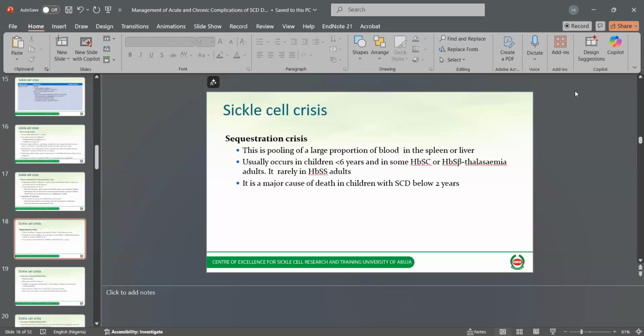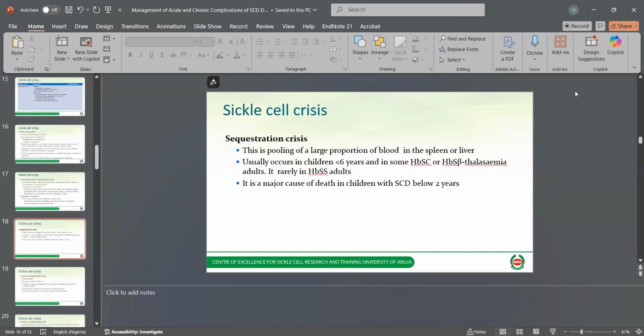And we have sequestration crisis. This is pooling of a large proportion of blood in the spleen or liver. It usually occurs in children less than 6 years and in some hemoglobin SC or hemoglobin S beta thalassaemic adults.